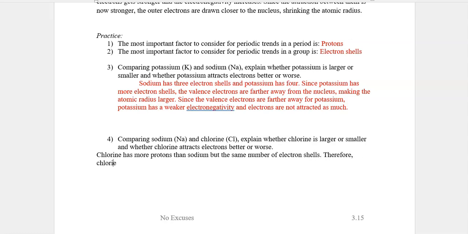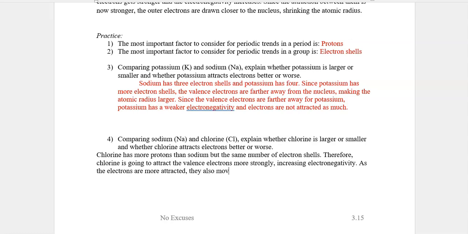Therefore, chlorine is going to attract the valence electrons more strongly, increasing electronegativity. As the electrons are more attracted, they also move towards the nucleus, shrinking the atomic radius.